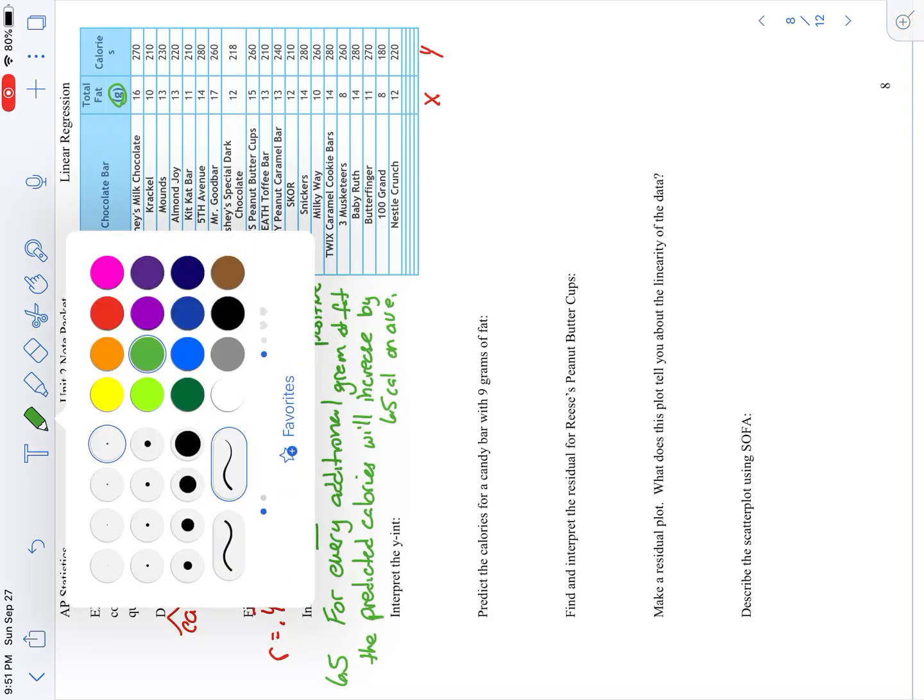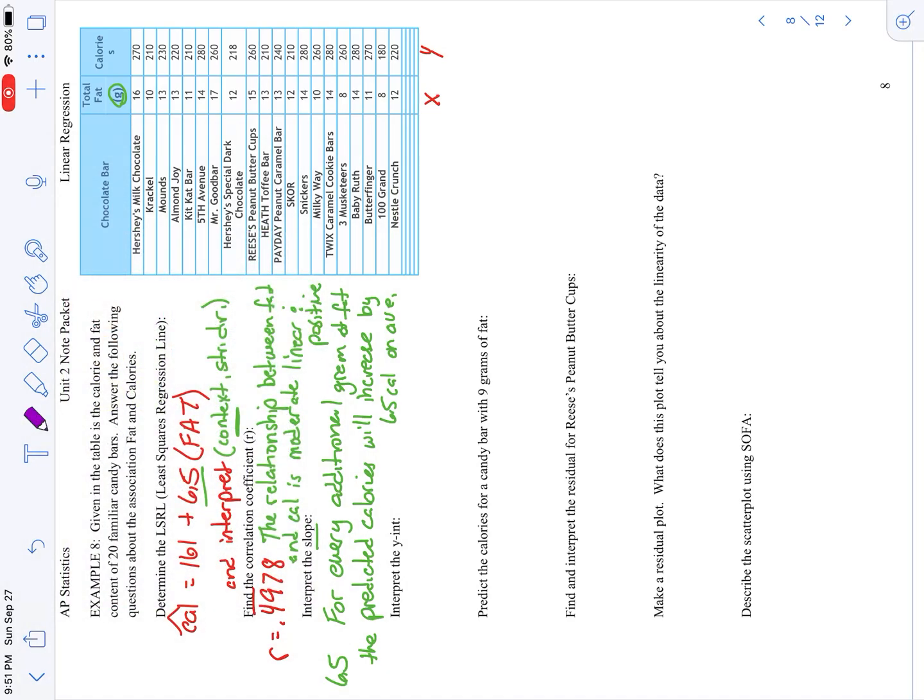The y-intercept, we'll pick a different color for that. Okay, my y-intercept is there. So that is going to be 161 for a candy bar with 0 grams of fat. A, it will be tasty.